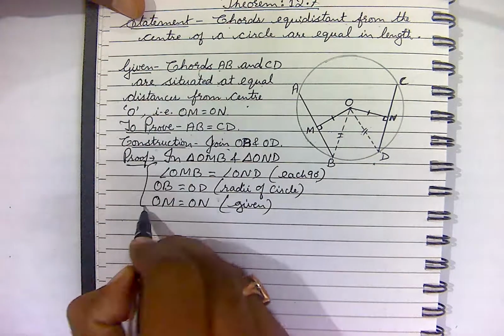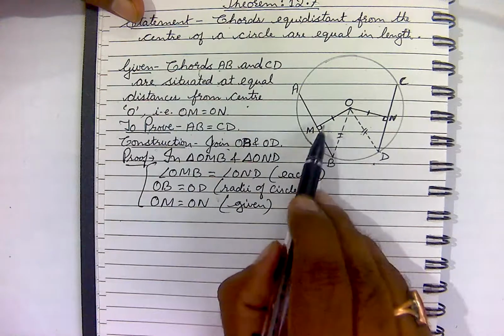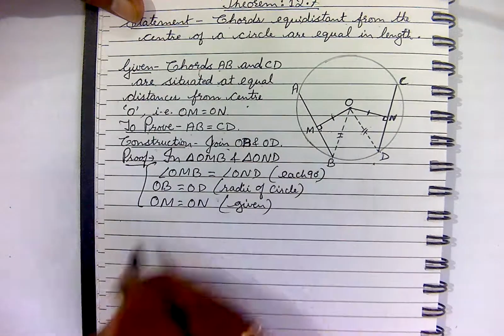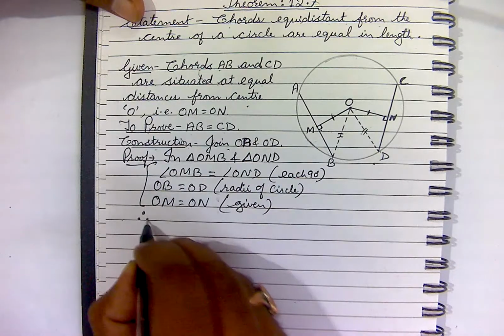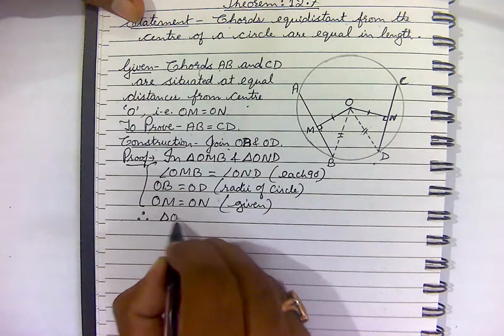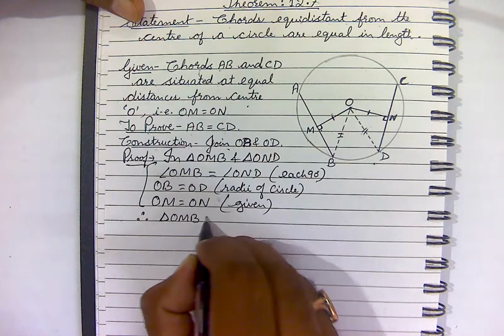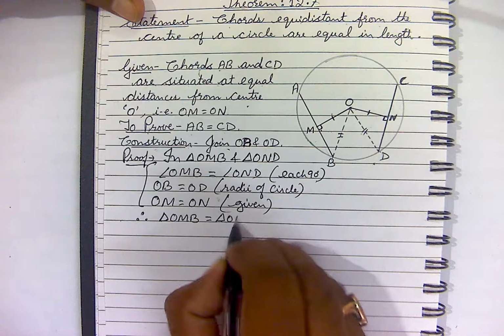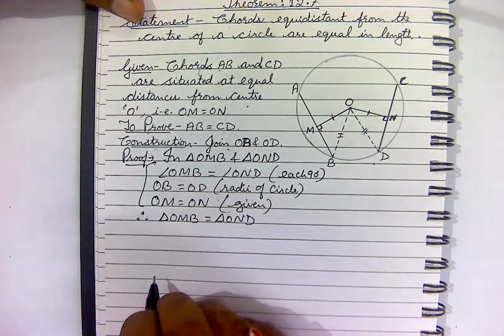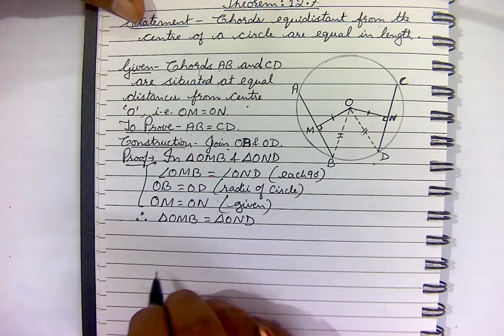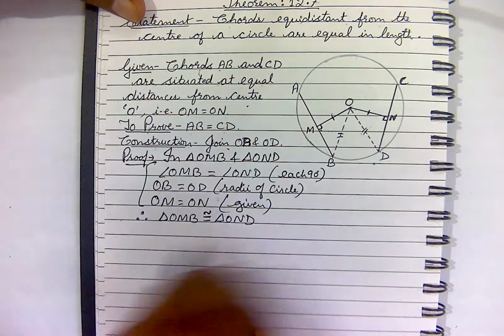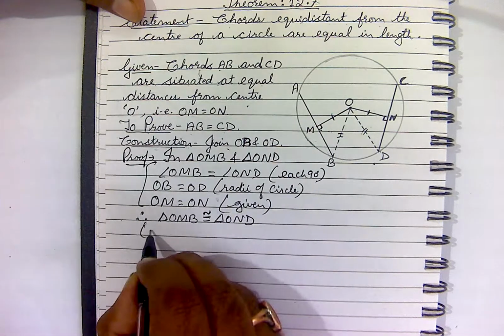So with these three conditions, one right angle, one hypotenuse and one side, triangles are congruent. So triangle OMB is congruent to triangle OND, and they are congruent by which rule?